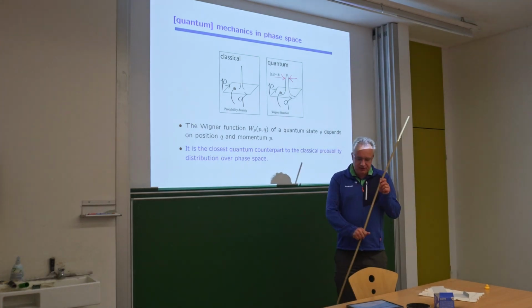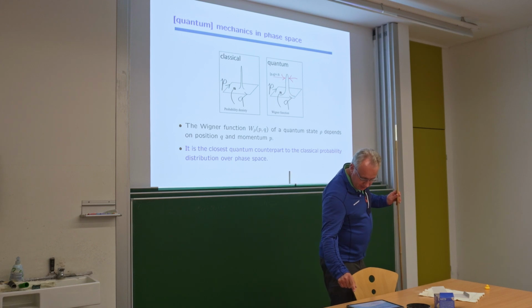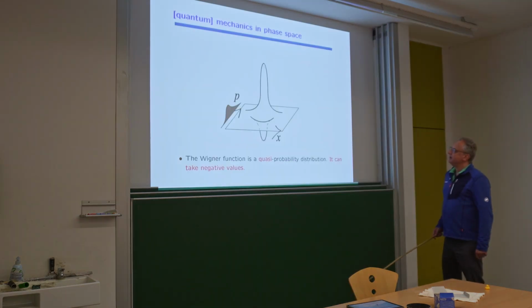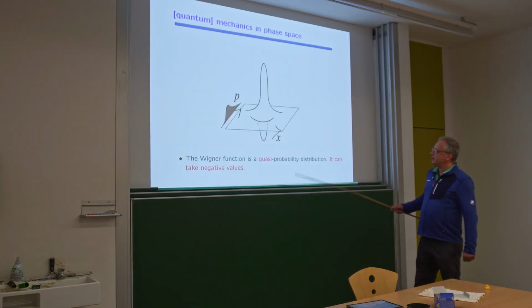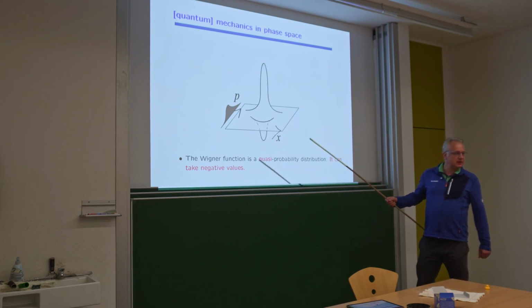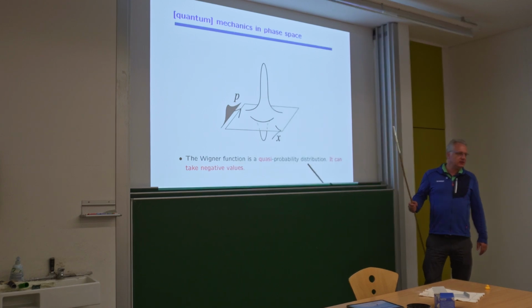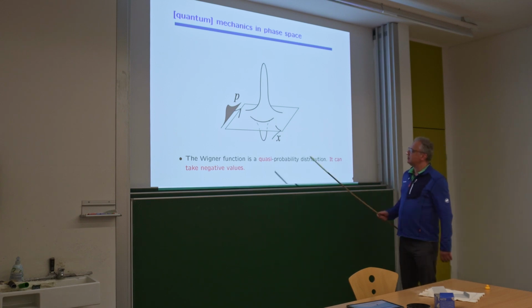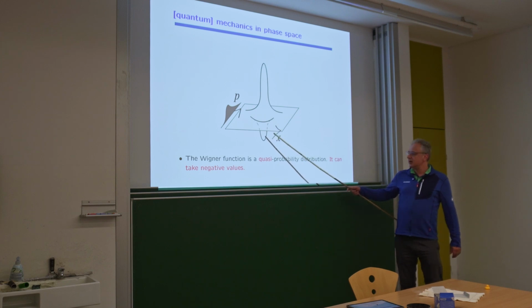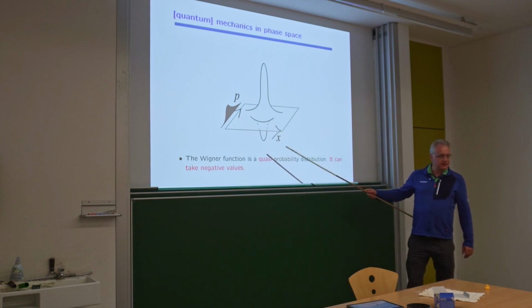It's as close as you can get, but you have to pay a price. The Wigner function can take negative values. Negative values don't look good for probability. You want probabilities to sum to 1, but you also want probabilities to be 0 or positive.